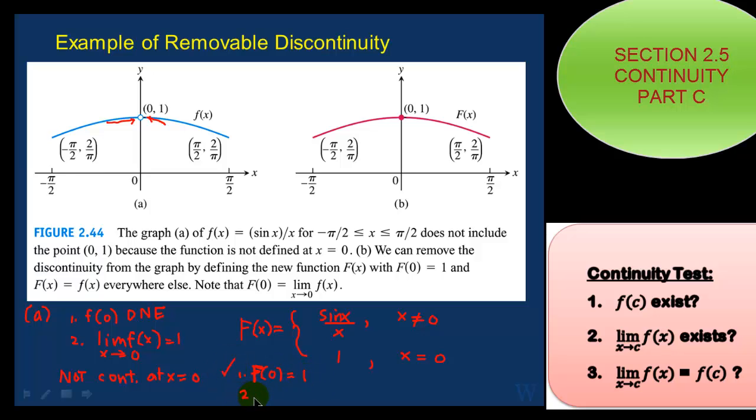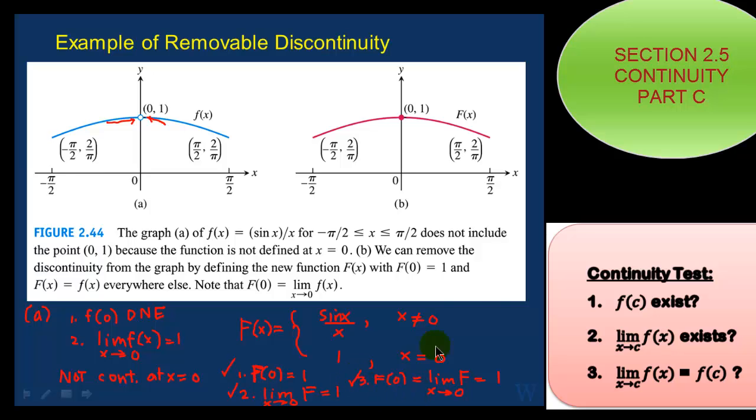Check. Number 2, what is the limit of f as x approaches 0? Yay, it's also 1. And because of this matching, f of 0, that's condition 3, is equal to the limit of f as x approaches 0, and that's equal to 1. So continuity test number 1 met, number 2 met, number 3 met.